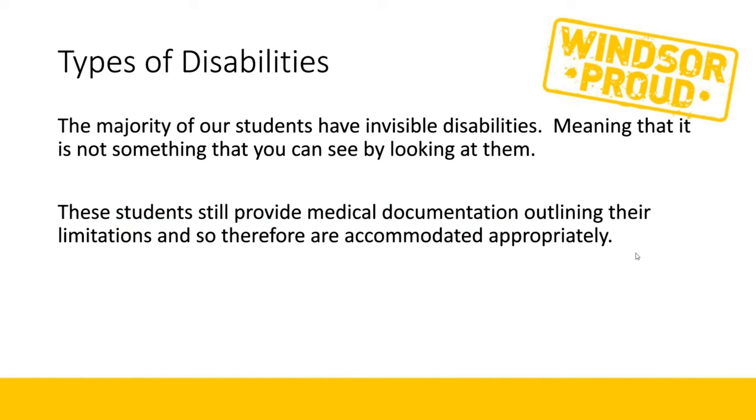These students will still provide medical documentation outlining their limitations, and so therefore are accommodated appropriately. So it is the job of the accessibility advisors to go through that documentation, which is submitted by medical professionals, and then looking at the limitation of the student, create their faculty notification letter, which will outline the accommodations that the student needs in order to receive an equitable education.